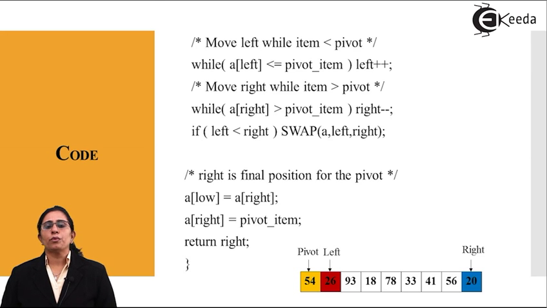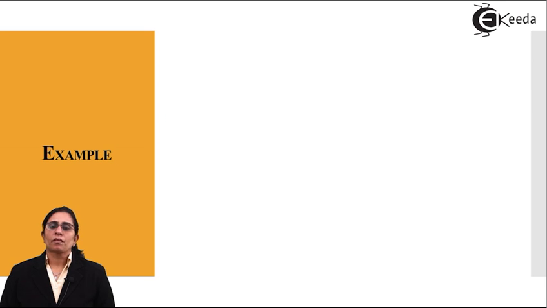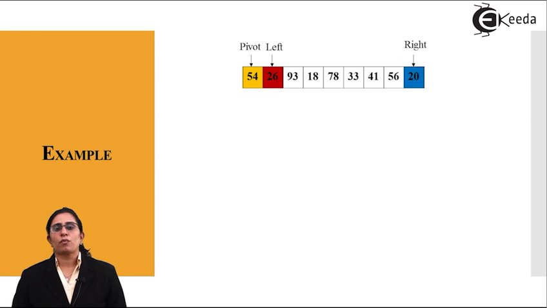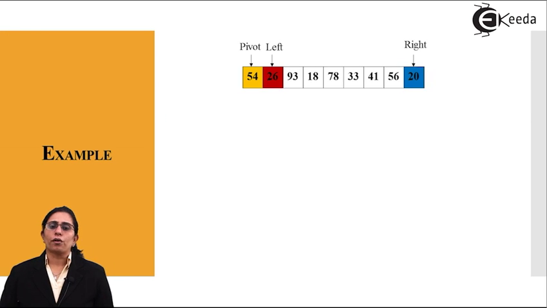So now we see an example. Let's take the same list that we have taken in the code. That is, 54 is my pivot element, 26 is the element at left and 20 is the element at right.